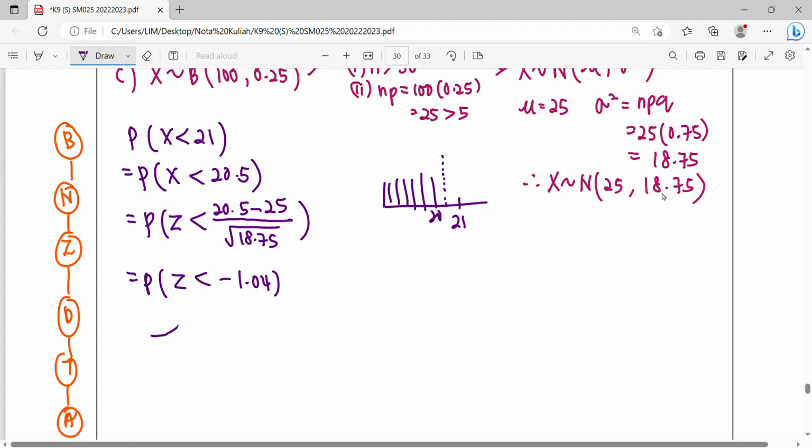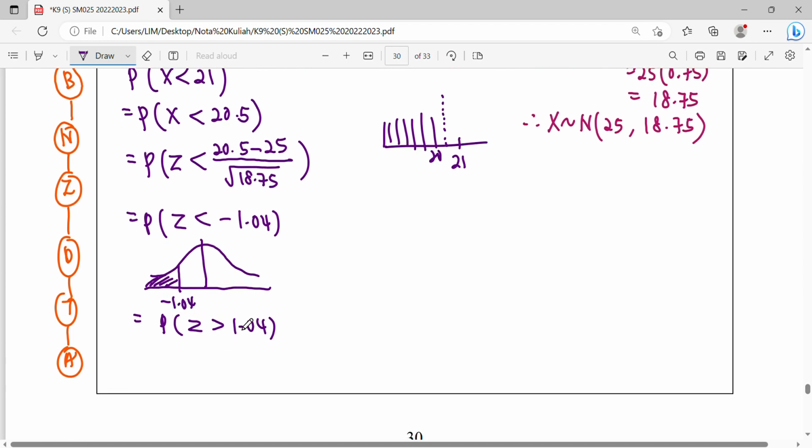Then we draw our normal graph. Less than that, read the table, read negative directly, meaning 1.04, read directly, negative reads the positive.